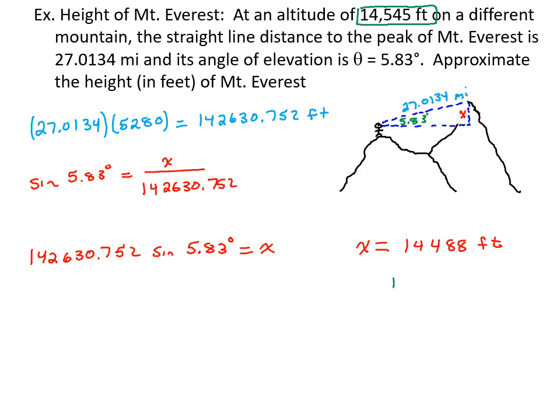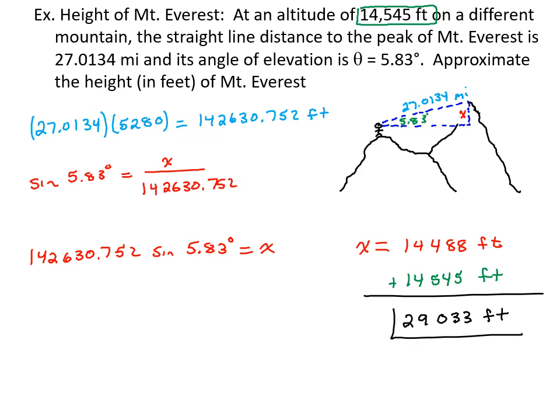So you have to then add that 14,545 feet that you were already up in the air when you measured that together to get a height of Mount Everest of probably a little more than 29,000 feet tall would be the height of Mount Everest.